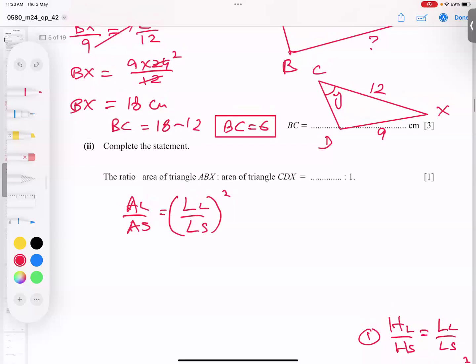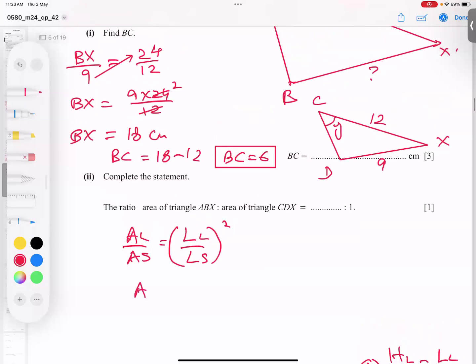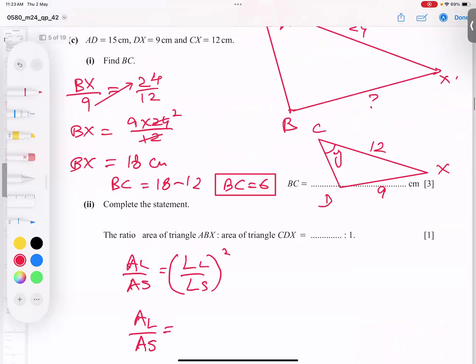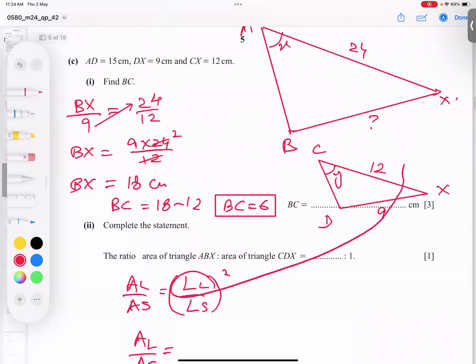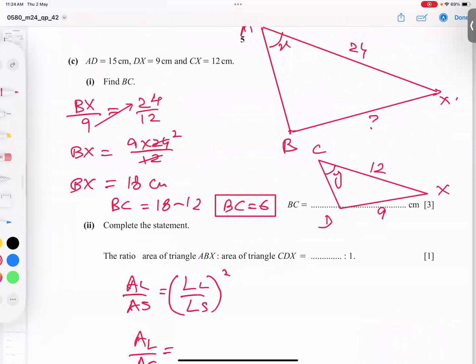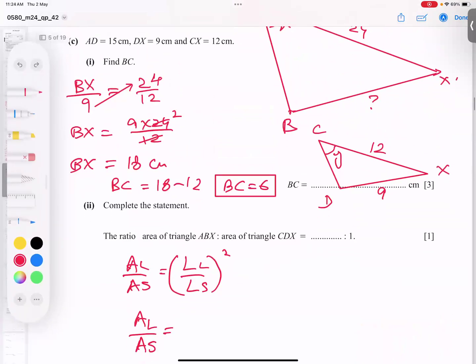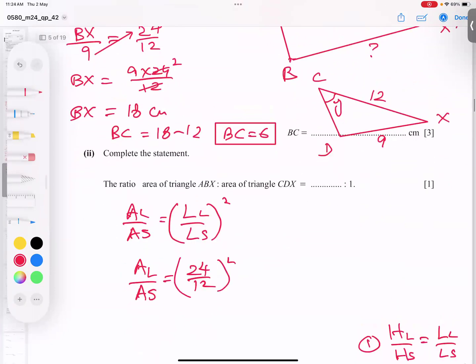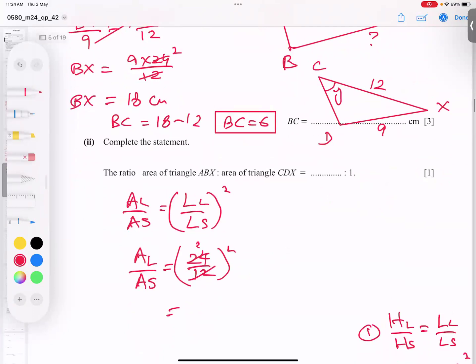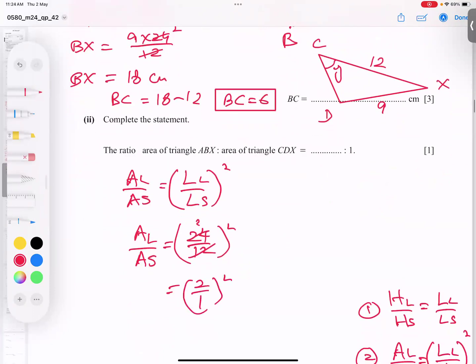Let's start. Area of the large, I don't know. Area of small, I don't know. But for the length, we can take any. For example, length of large is 24. This is 12. I will take a similar one, which I have. So now I put square on it. This is cancelled. I got 2. So 2 by 1.